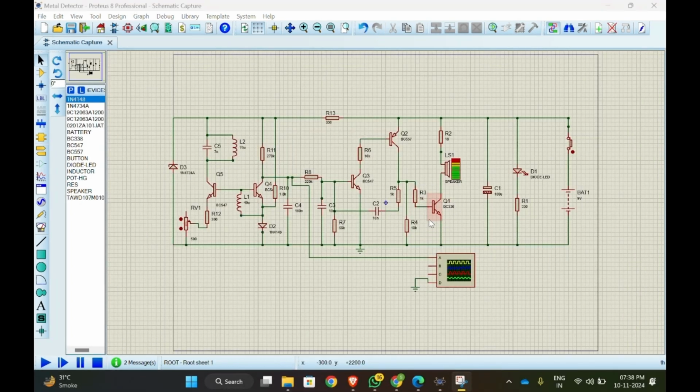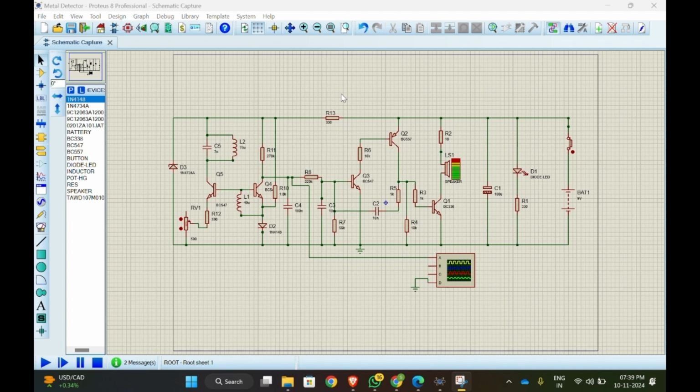The driver transistor amplifies the VCO's output to create an amplitude signal that indicates the presence of a metal. How it works: a driver transistor connects the VCO to an 8 ohm speaker. The speaker produces a clicking or beeping sound depending on the frequency from the VCO output. An 18 ohm resistor smoothens out the large spikes and reduces excessive volume.